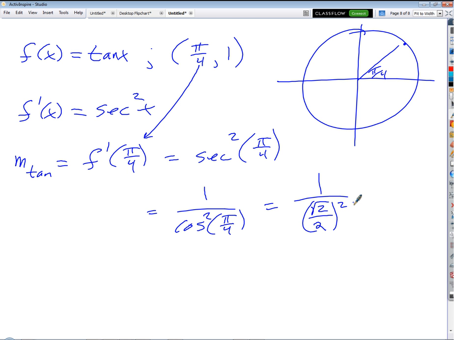Everybody with me? All I'm doing is evaluating what is the secant of pi fourths squared. The secant of pi fourths is 1 over the cosine of pi fourths. Cosine of pi fourths is the square root of 2 over 2 from the unit circle. So what is the square root of 2 over 2 squared? 2/4. 1/2.